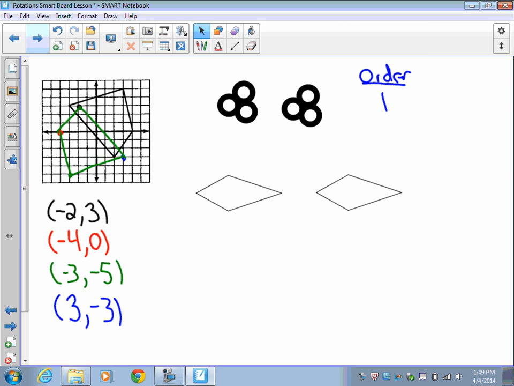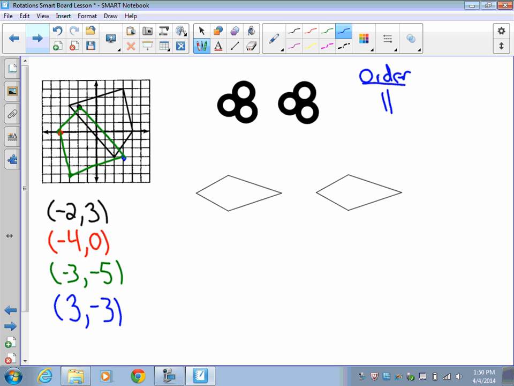Let's see if we have any more times we will repeat this. So I'm going to be rotating the one on the right, and I want to see how often it's going to be the same shape as the one on the left. So right away, there's another time it repeats itself, so we're at order 2.